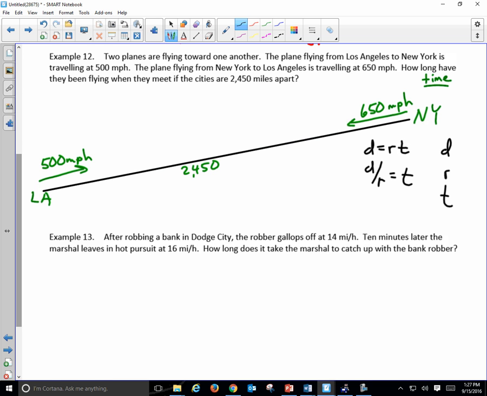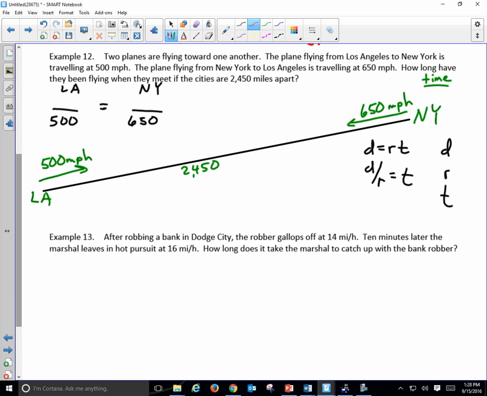So I'm going to take the LA one and set it equal to the New York one. I need to come up with an expression for the distance and divide it by the rates. I already know the rates. The rate of the LA one is 500. The rate of the New York one is 650. So now I'm going to come up with the distances.